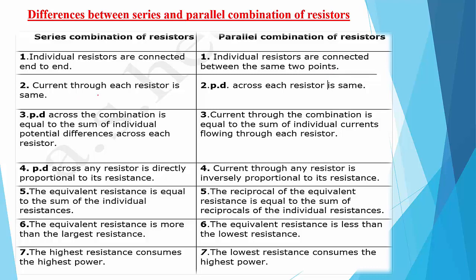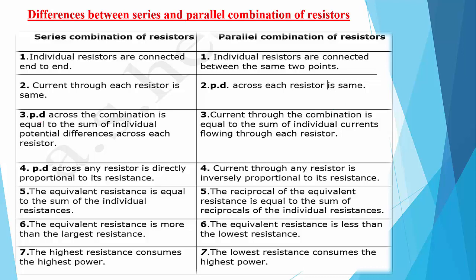Then what is the second difference? In a series combination, current through each resistor is the same. But in parallel combination, the potential difference across each resistor is the same, but the current is different. Come to the third difference.